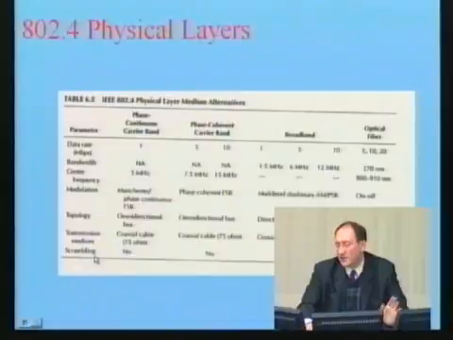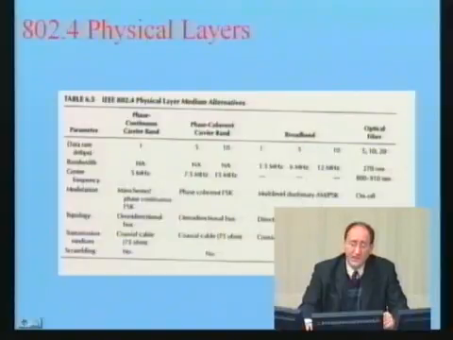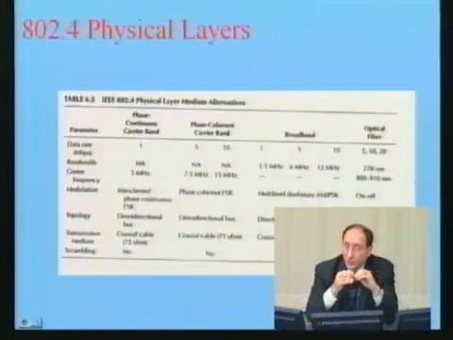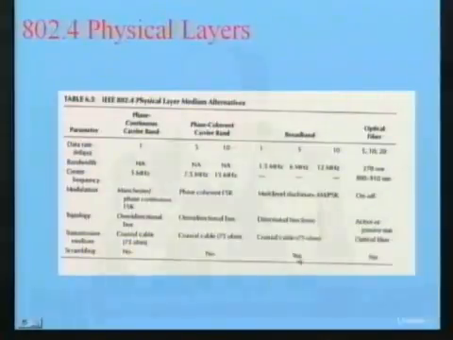Then scrambling: they are not using scrambling for these places. For broadband, they use scrambling. Scrambling is a technique that you use to scramble the data so that if you have strings of zeros or strings of ones, you still have a lot of changes. That's called scrambling.